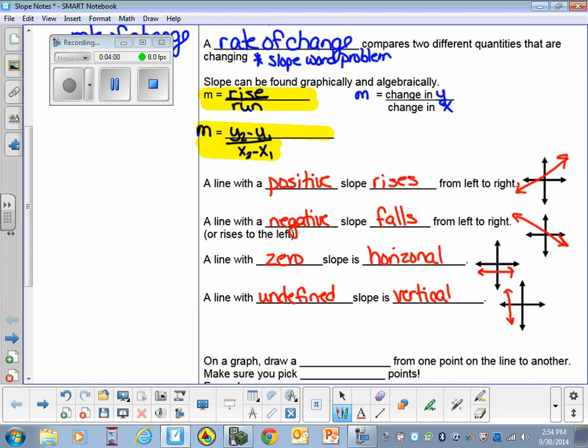Okay, so now remembering vertical and horizontal. There's actually two zeros in the word horizontal. U and V are side by side in the English alphabet. So undefined goes with vertical, and horizontal has two O's or two zeros in it, so horizontal lines have zero slope.